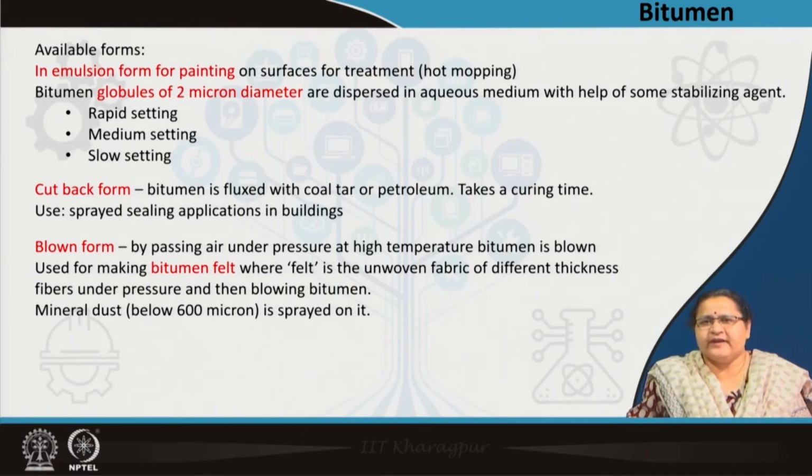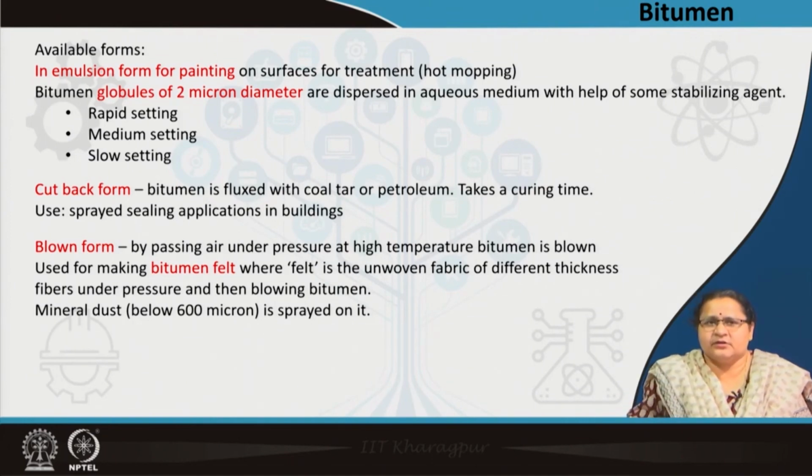So, these tar felts, the bitumen felts which we see, is actually blown form of bitumen. It is not pure bitumen, it has woven fabric, unwoven fabric inside it, which is called felt, and hence it is called bituminous felt.